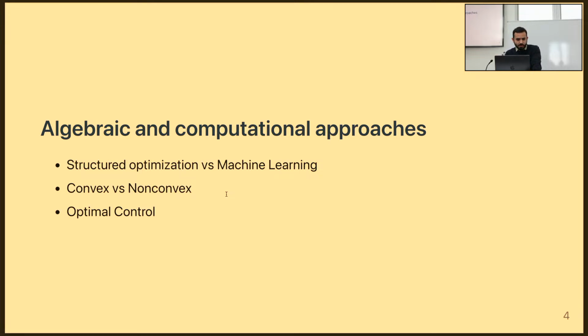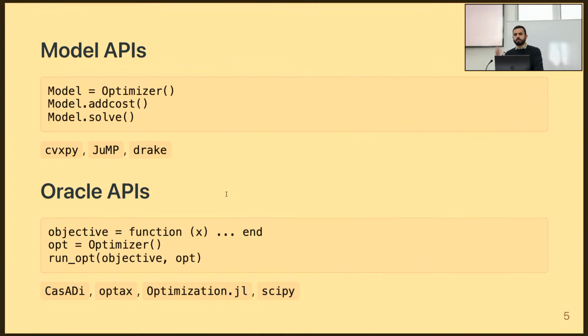Good. So I hope this was motivating in terms of understanding that the software you use has an actual impact on the kind of problems you can deal with, right? I've just listed a few popular optimization frameworks. I guess CVXPy is probably the most famous one. A lot of you might have heard of it.